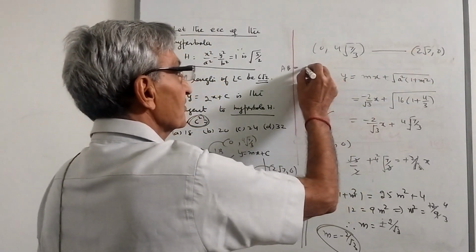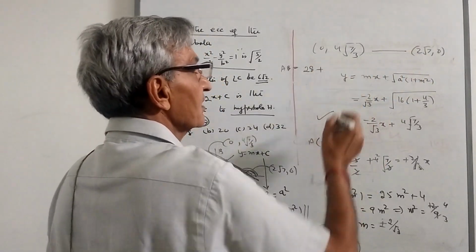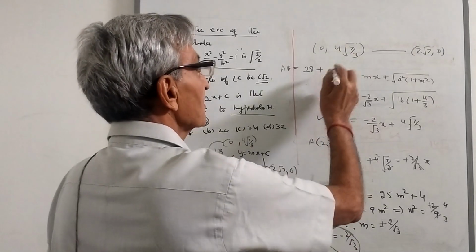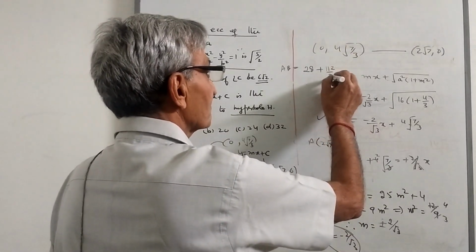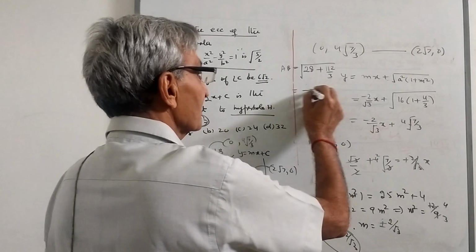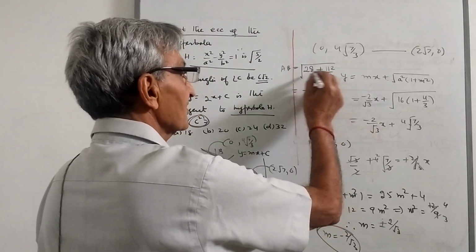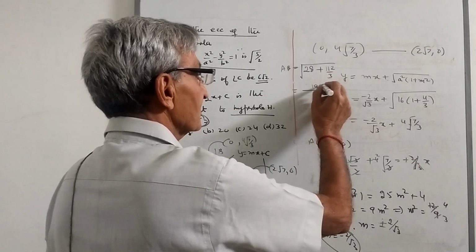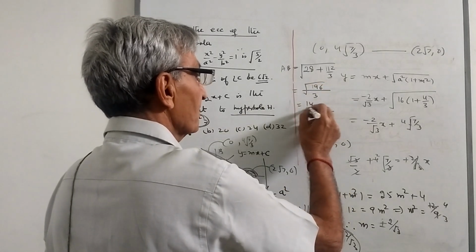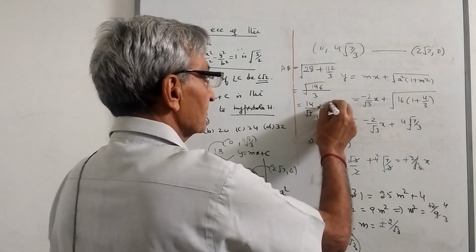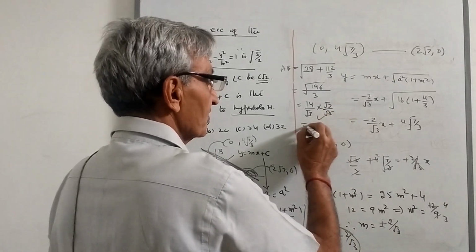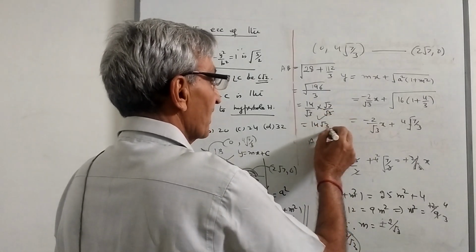The square is 28 plus 16 into 7 by 9, which gives 196 by 3, so the distance is 14 upon root 3. If I rationalize, it is equal to 14 into root 3 divided by 3.